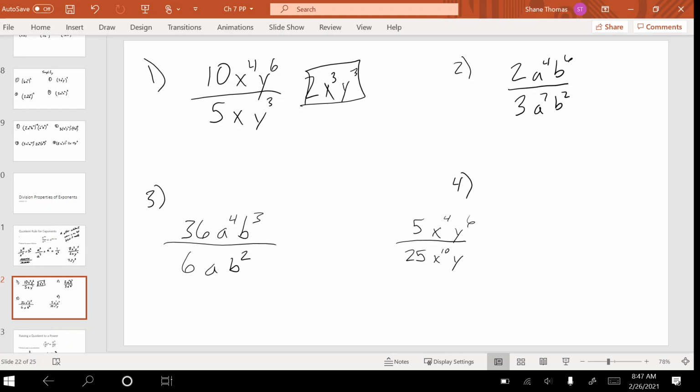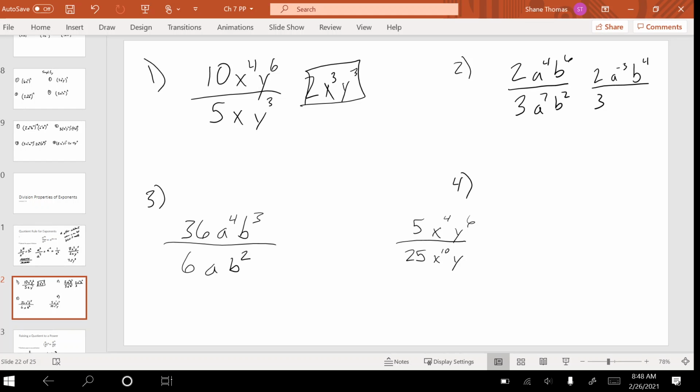2/3 is just 2/3, right? It doesn't simplify. So I'm just going to leave this. Now, A's, I have 4 minus 7, which is, good, -3. Answer goes on top. B's, 6 minus 2 is 4. Now, what's the problem with that one so far?